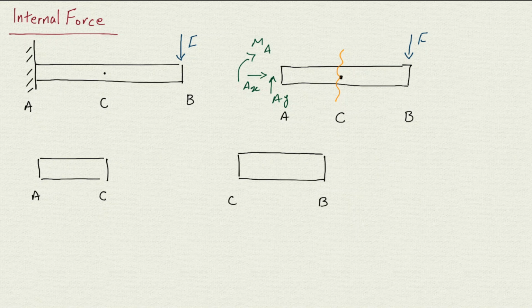And now we'll put external forces on each section. The only external force we have is F, so we have F here, and we have the reactions of the supports here: AX is here, AY, and the moment M at point A. Now that we cut through this section, before we cut through, whatever force we have here is the internal force, and we don't care about it much.